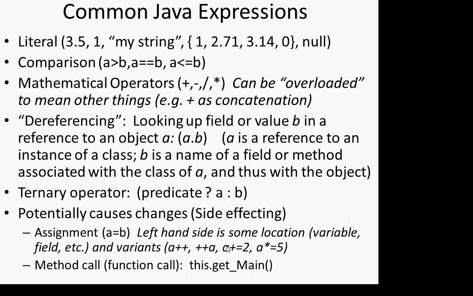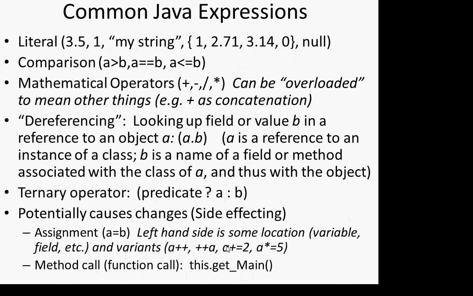a == b is a test. Are a and b equal or not? It returns either true or false, just as a greater than b returns true or false. We distinguish that from a = b, which means give a the value that's in b. The value a should become the value that b had or has.